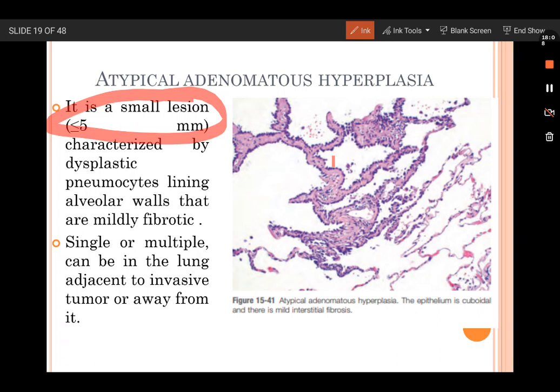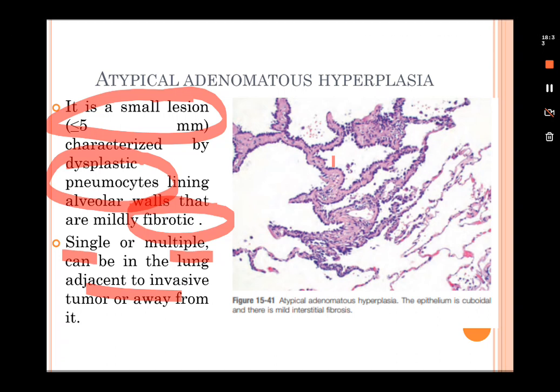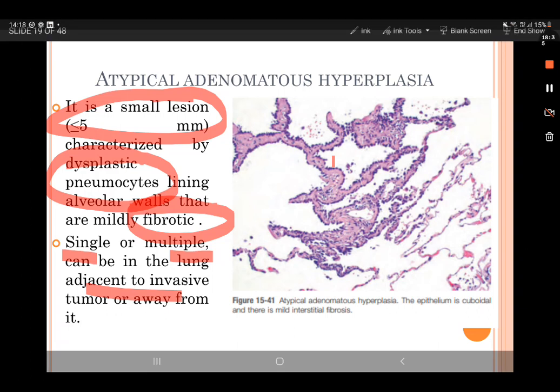Less than or equal to 5 mm, small dysplastic pneumocytes that line the alveolar walls, and the walls have become fibrotic. The pattern of this tissue is normal; this is how normal lung is. But these cells have become dysplastic. They can be single or multiple such foci in the lung, adjacent to or away from an invasive tumor. It's not something you'll see macroscopically, okay? It's a microscopic finding.